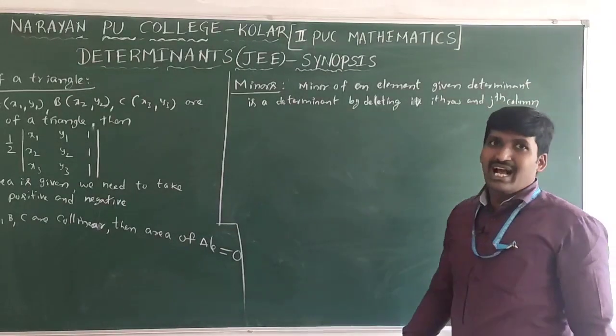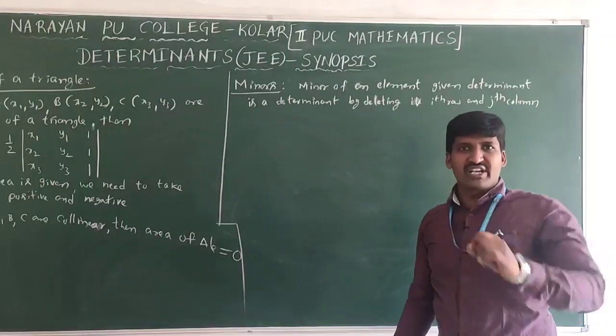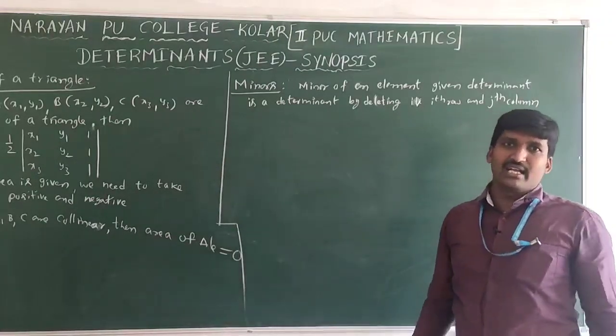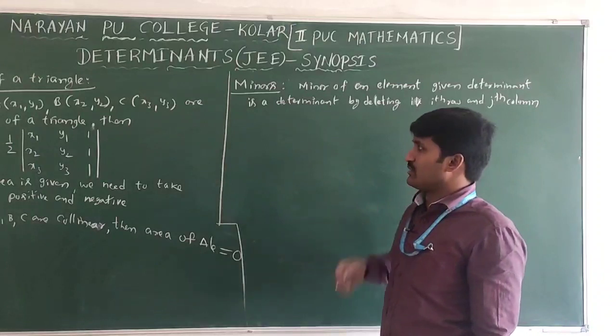That means the element lying in which row or which column. By deleting that, we need to consider the determinant value.